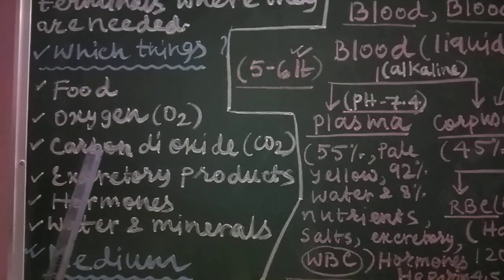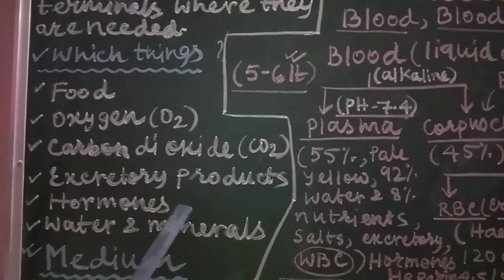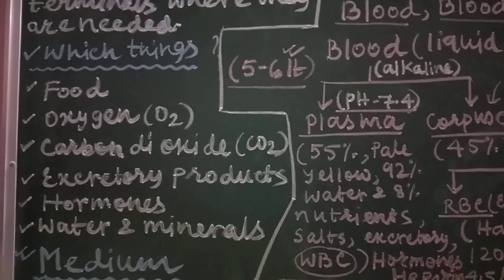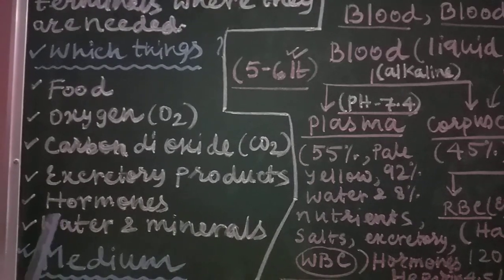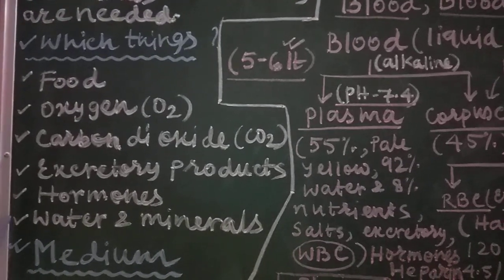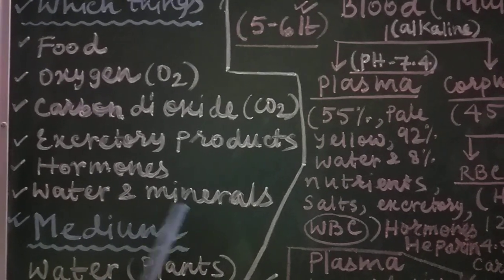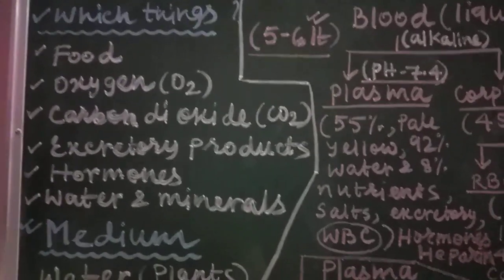From there it is going to be expired out. Excretory products are produced during metabolism and need to be transported to the excretory system. Hormones are directly secreted in the blood and need to be transported also. Water and minerals are transported in plants as well as in living organisms from one place to another place. So these are the things to be transported.